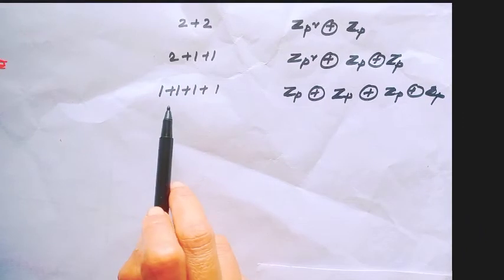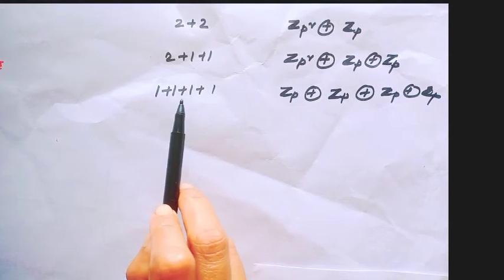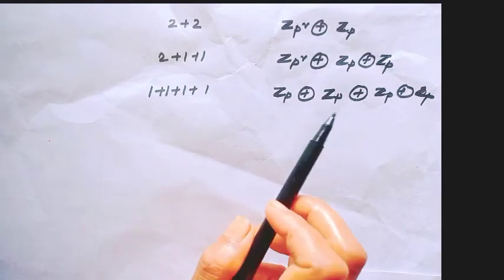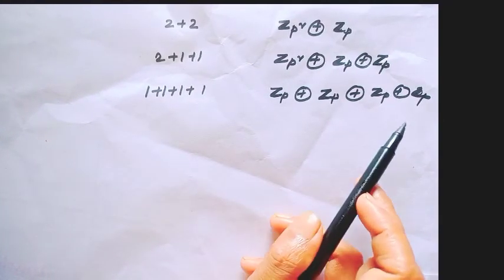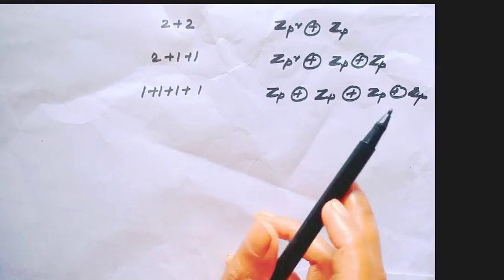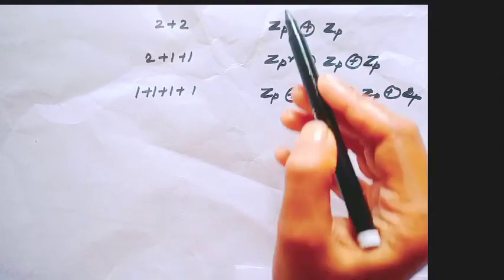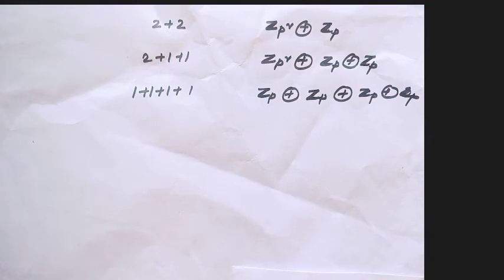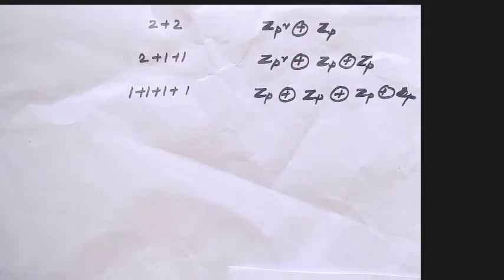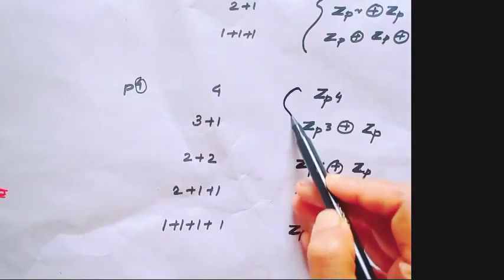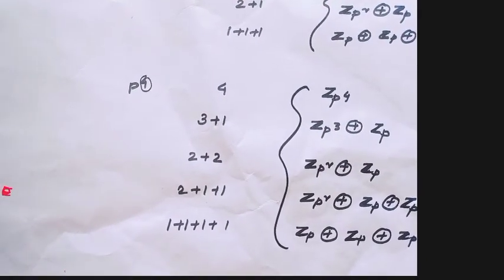And other possibility is 1 plus 1 plus 1 plus 1, and this gives Zp direct product Zp direct product Zp direct product Zp. That means there exist 5 possibilities of order p to the power 4.